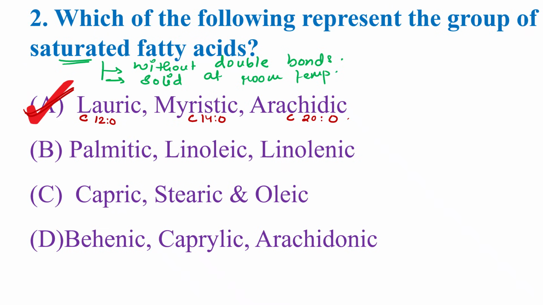Whereas now palmitic, linoleic and linolenic. Whereas this linolenic, so it is a 3 bond. In linolenic, 3 double bonds are present. So hence it is a polyunsaturated fatty acid.